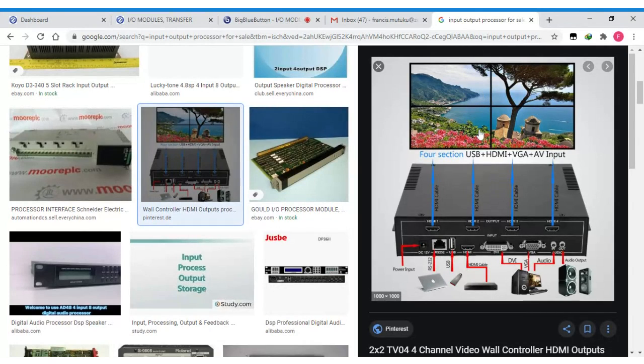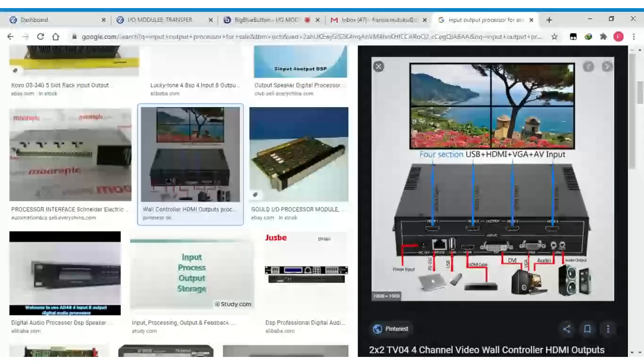Even in malls, they connect different screens to work like one. For you to implement this, you need a processor, and this is an output processor. You connect all of these screens to HDMI ports, and therefore they are able to be synchronized. So it is this device that synchronizes the images from all of the four screens.